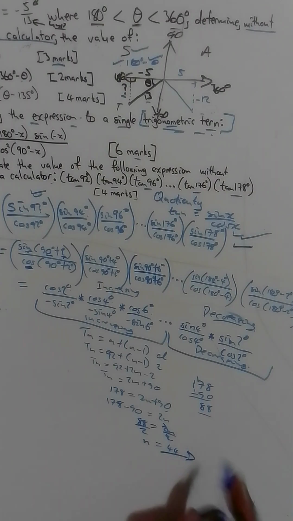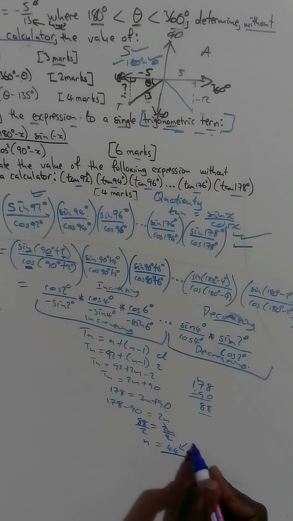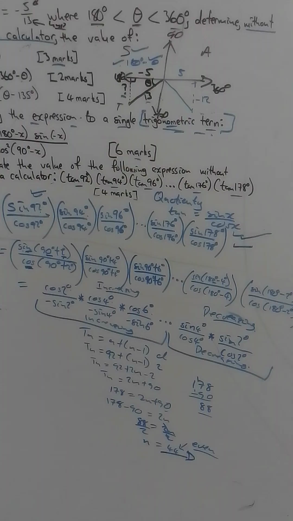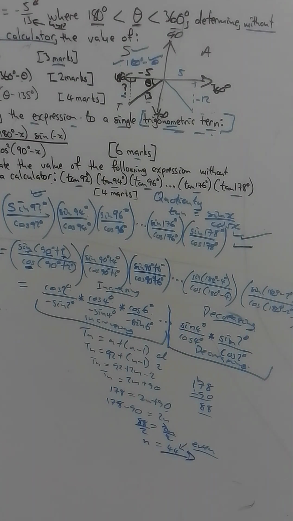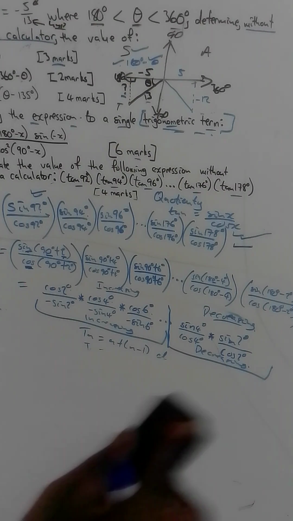What is the importance of this? The relevance is that this is an even number. So why do I want to know about the even number? Because it means out of the 44 values that I have, at the half mark, let me just erase here so that it can make sense.